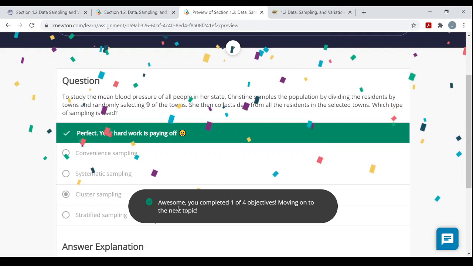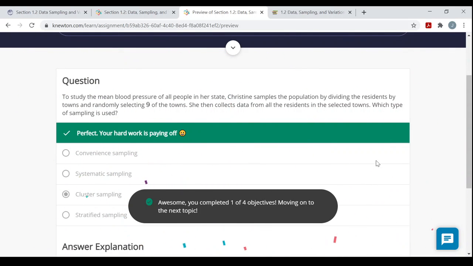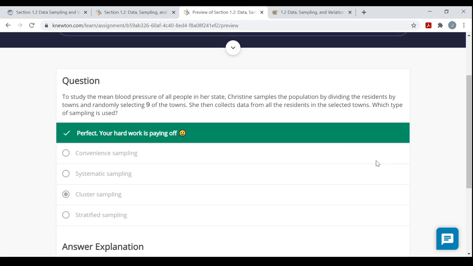All right, and now you see once you've completed an objective, hey, this confetti drops. Like I said, you won't see the exact same questions I do. And you might get some questions about systematic sampling or stratified sampling or convenience sampling.